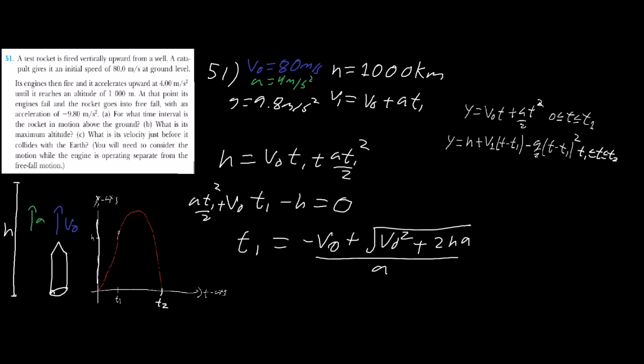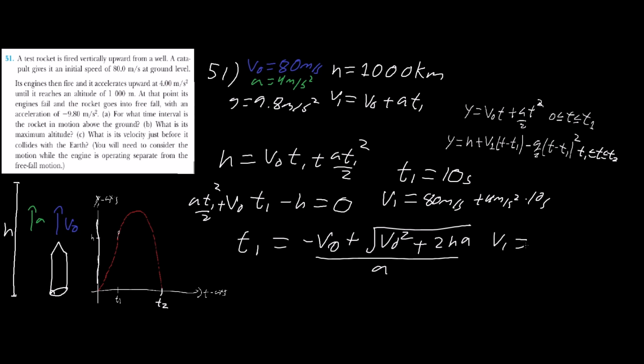So once you solve for these variables, folks, you're going to say that t1 here is specifically 10 seconds. So at 10 seconds, that's when it reaches 1,000 meters, even though my graph sucks. And that's when the engine fails. So once we have that, let's find what v1 is. v1 is going to be 80 meters per second added to 4 meters per second squared times 10 seconds.